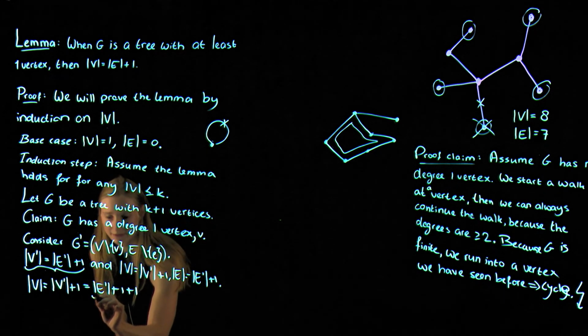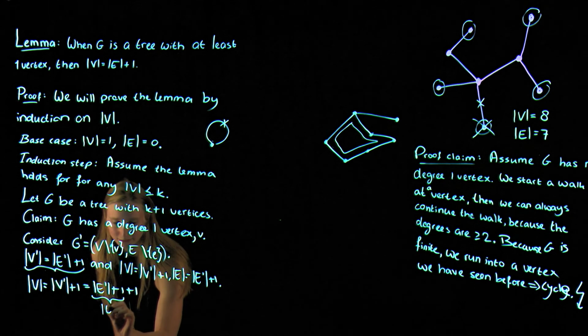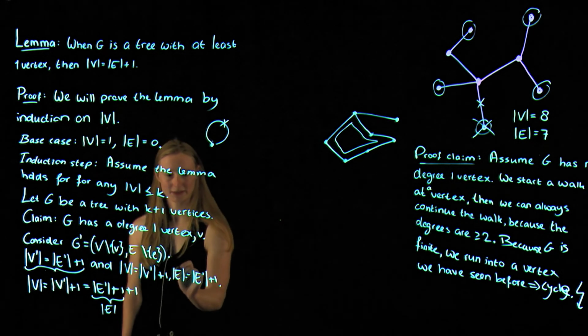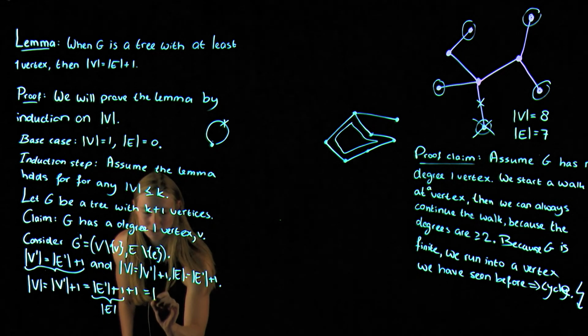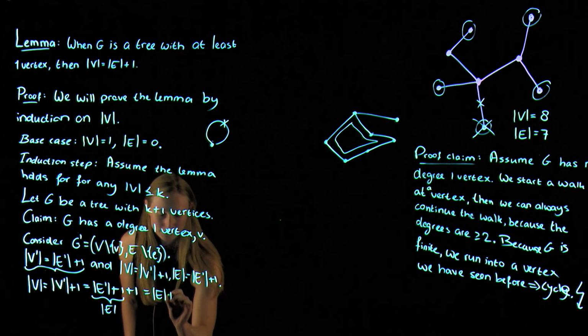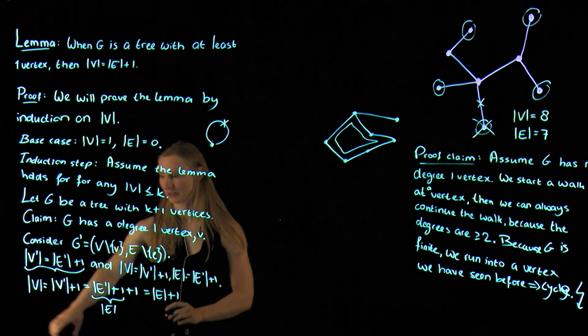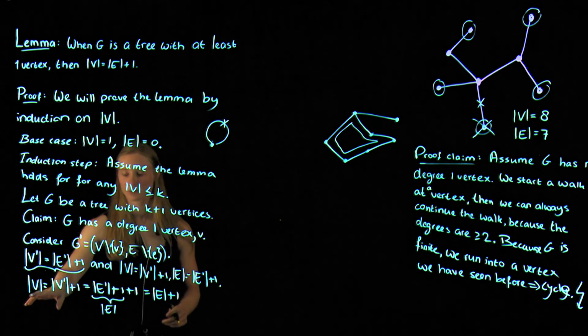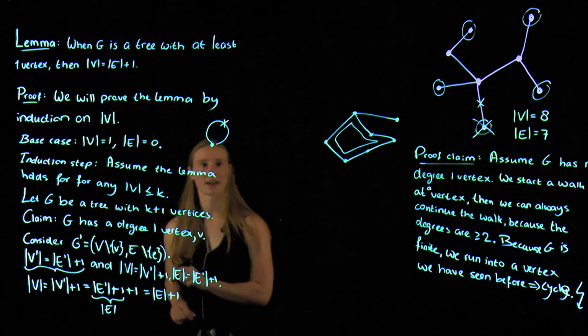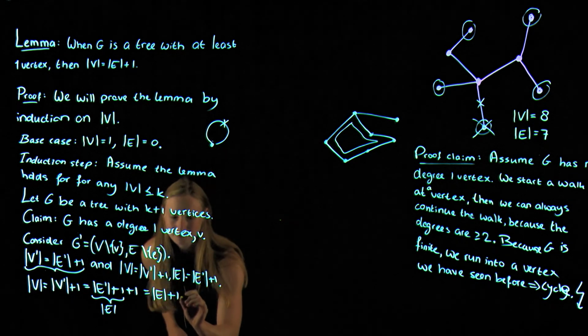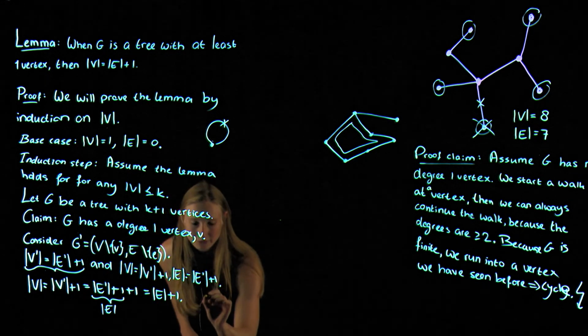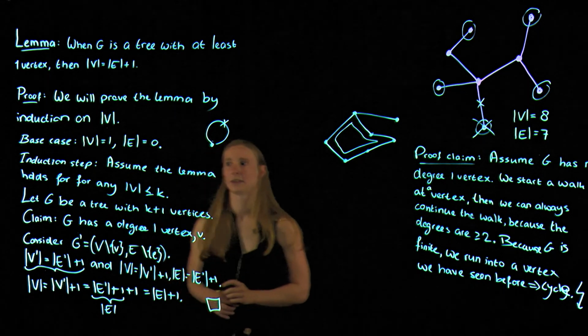And then we know that this is equal to the number of edges E from this statement here. So this is actually equal to the size of E plus 1. And this is exactly our statement that we want to prove. We have the size of the vertex set on the left here, and the size of the edge set on the right. So now we have actually proven our statement.